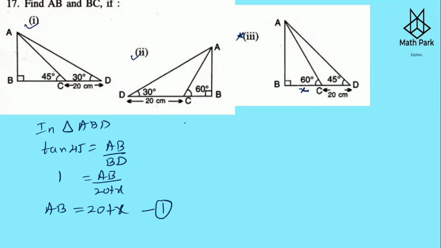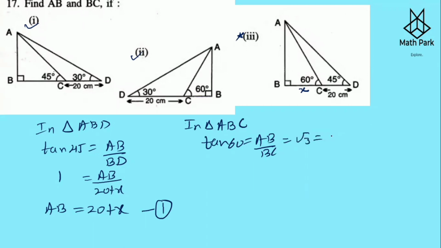Now let us take the triangle ABC. So in triangle ABC, we have tan 60 is equal to AB upon BC. Tan 60 is root 3, which is AB upon BC.